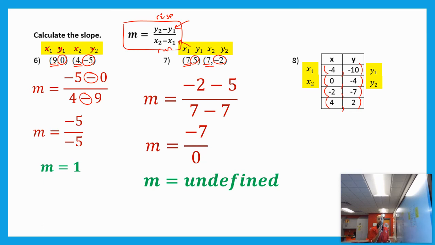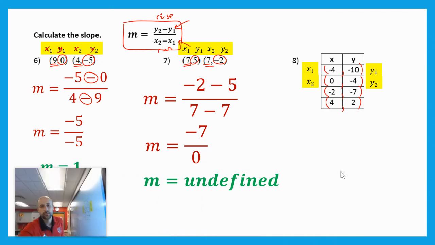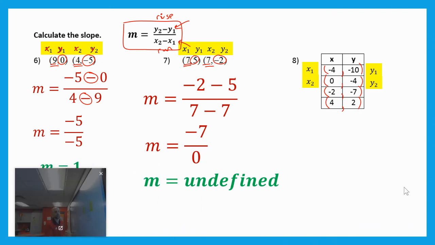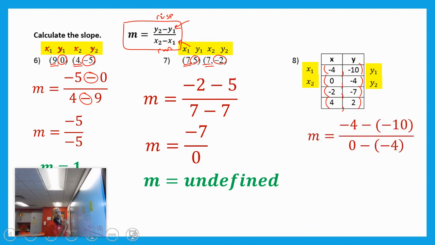Here's where things often get tricky. Here's where the mistakes are made. Okay? Don't make this mistake. When I plug this into the formula, first of all, I notice I'm subtracting, right? So y2 minus y1.